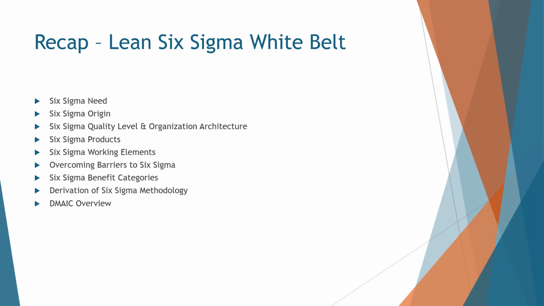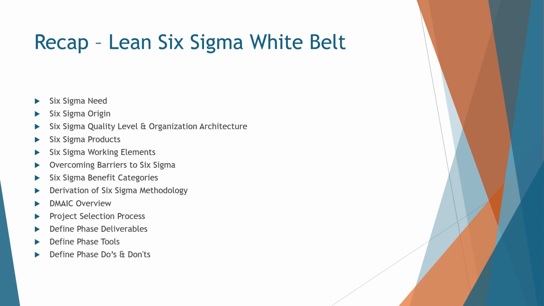We looked at the derivation of Six Sigma methodology, DMAIC overview, project selection process, define phase deliverables, define phase tools, and define phase do's and don'ts. Throughout all of these lectures in the Lean Six Sigma white belt, we covered lots of information.